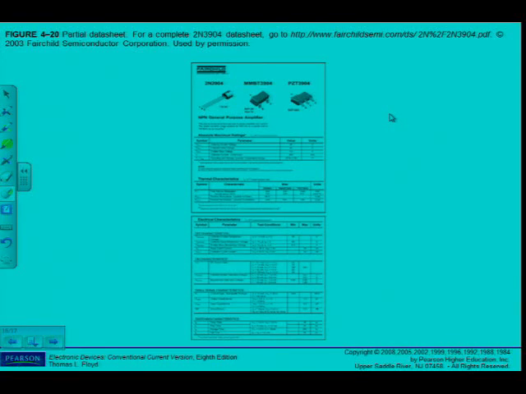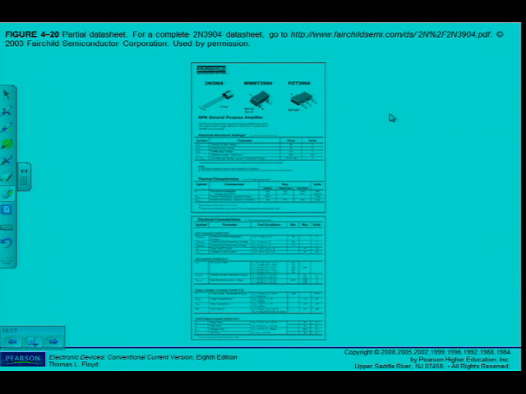I can give you more or less an indication, but the values itself you will have to read in your textbooks. Anyway, a partial data sheet for the 2N3904 NPN transistor is shown in figure 420. Notice that the maximum collector emitter voltage is 40 volts, for instance.